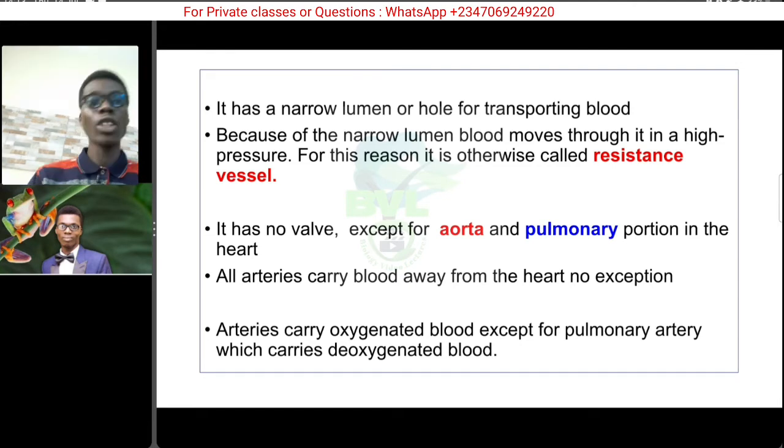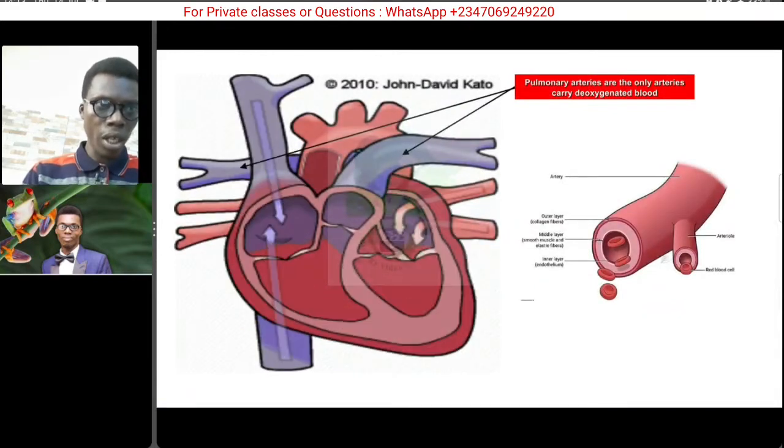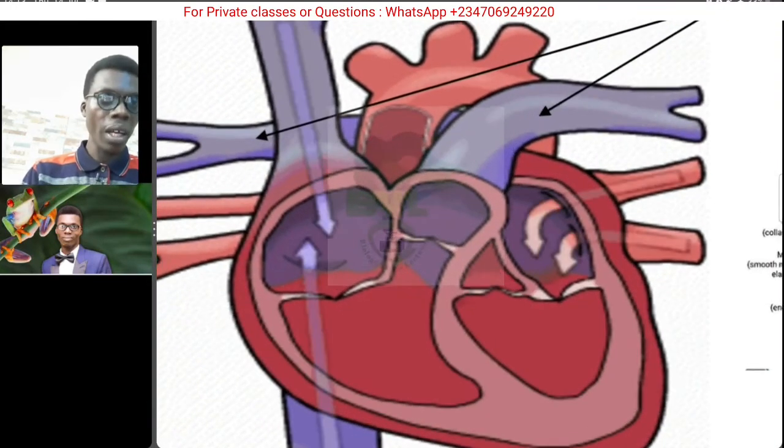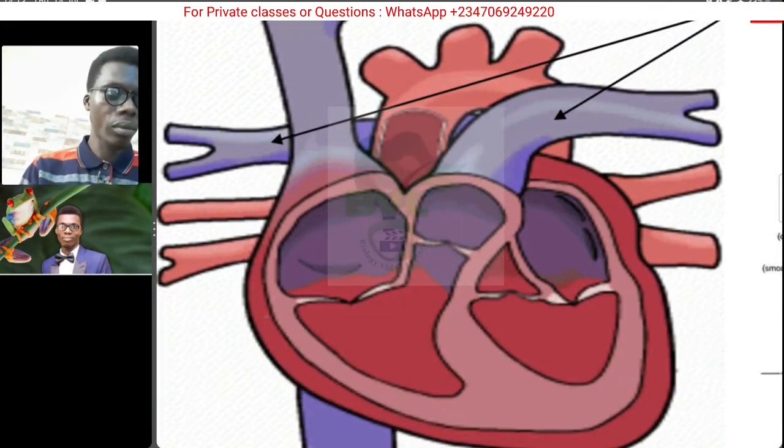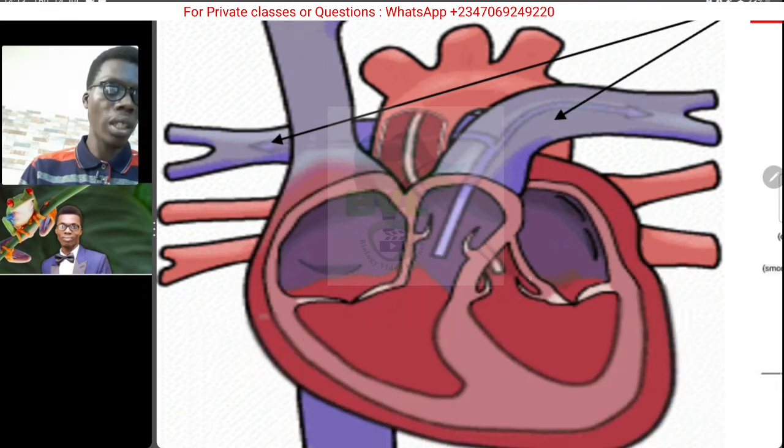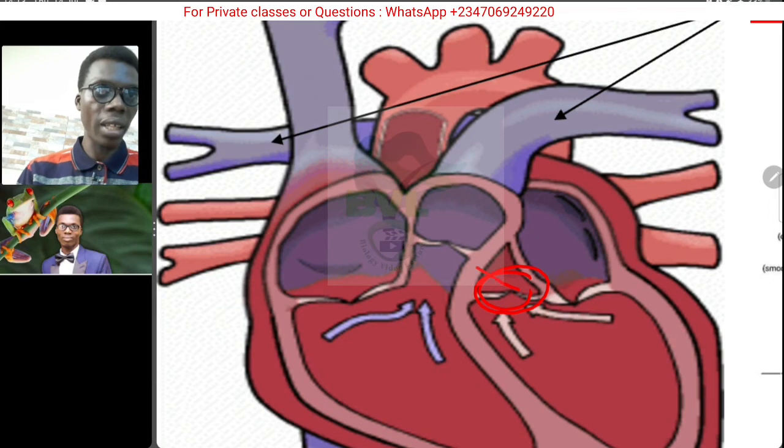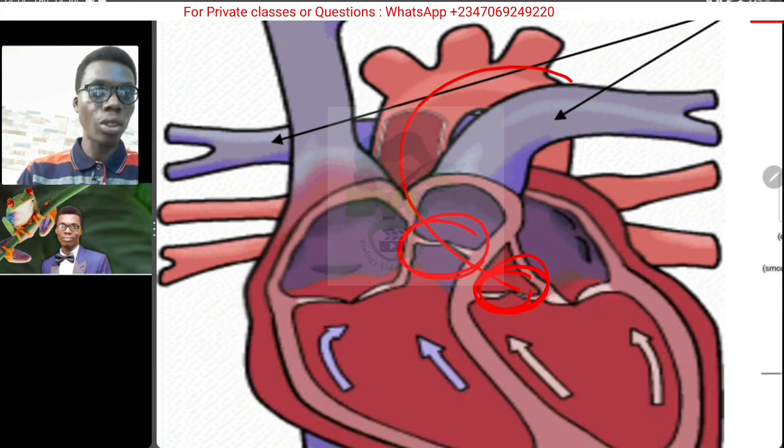Now it says it has no valve, except for the pulmonary artery and aorta portion in the heart. Let me show you that real quick. This is what leads to the aorta. This is the aorta like this. So this is a semilunar valve here. This is the valve that leads to the pulmonary artery.